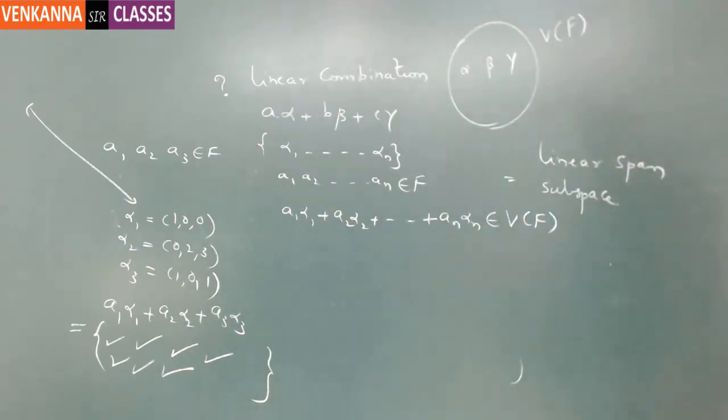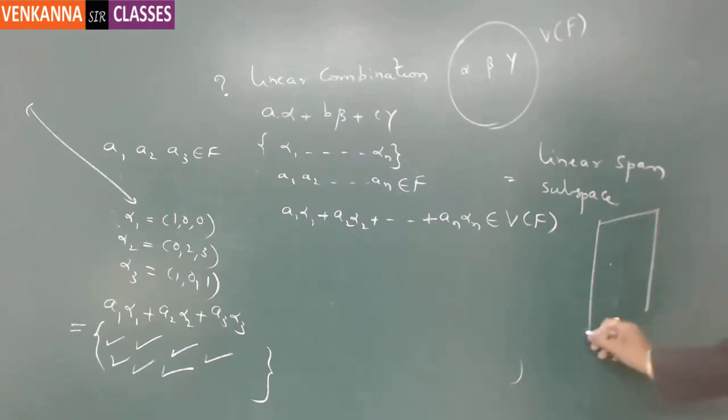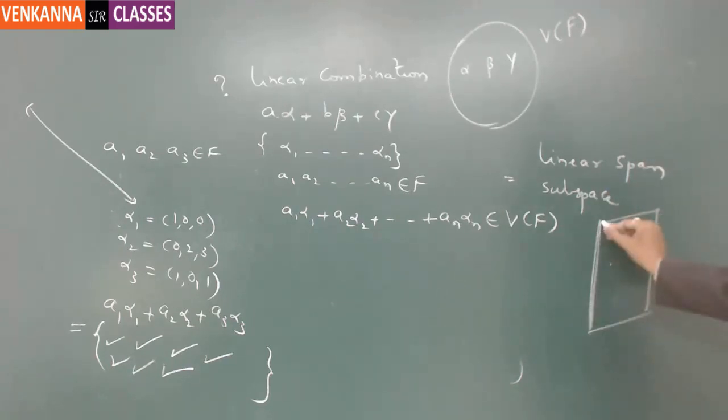So for our convenience, just imagine like this. Suppose we have taken a plane in the 3D space. This plane is simply observed like this combination of lines, either you take vertically or horizontally.